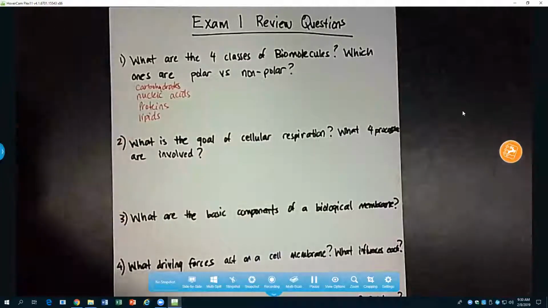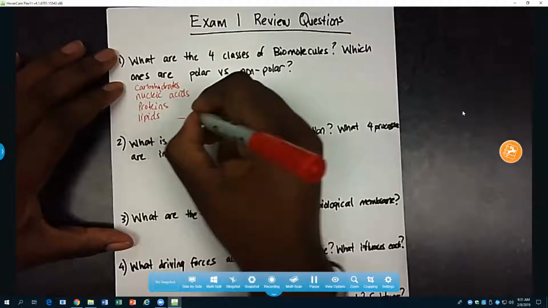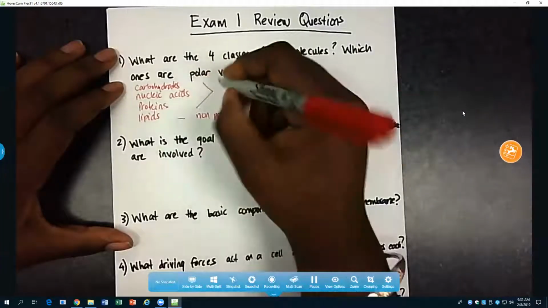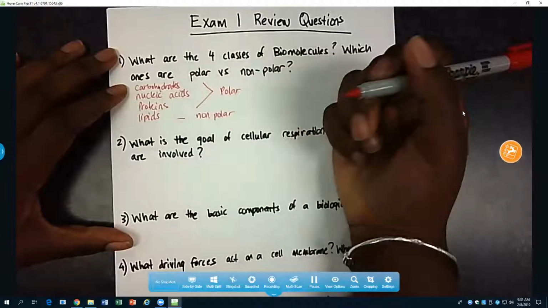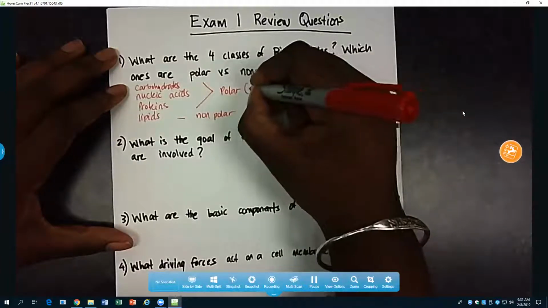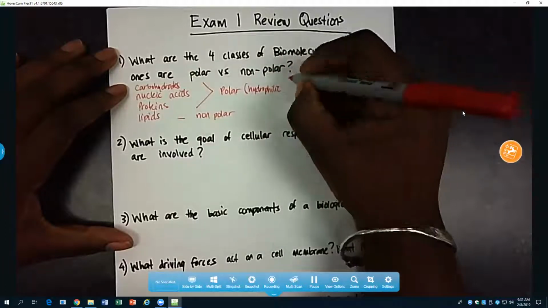And which of these did we say were polar? Can anyone remember? We said one of them was non-polar, and which one was that? Lipids. So lipids were non-polar, and the other 3 were polar. Okay, and as we correctly said, polar meant that they were hydrophilic, or that they liked water.